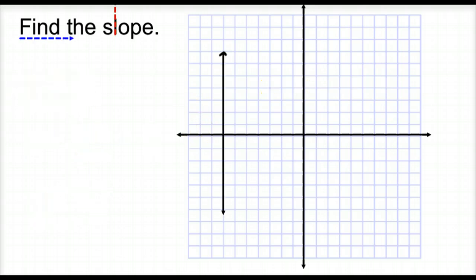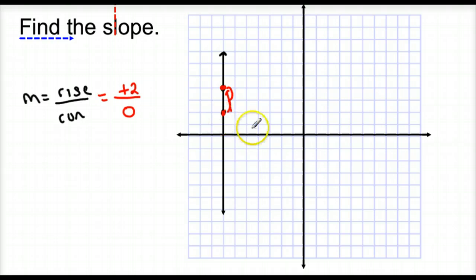The vertical line is slightly different. If we look at the same example as rise over run, well, if I want to get from one point to another point, how do I rise? Well, I have to rise 1, 2 in the upward direction, or down 2, either one. And I'm not running either right or left.